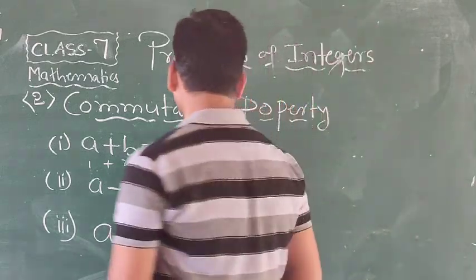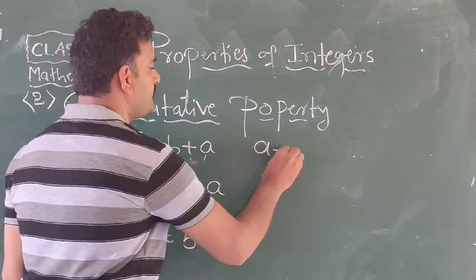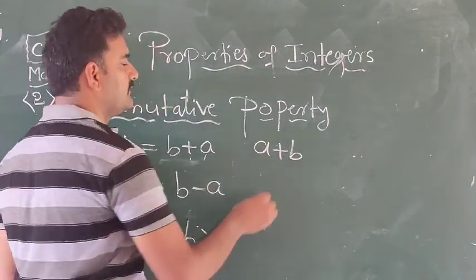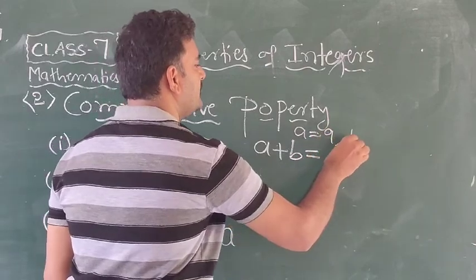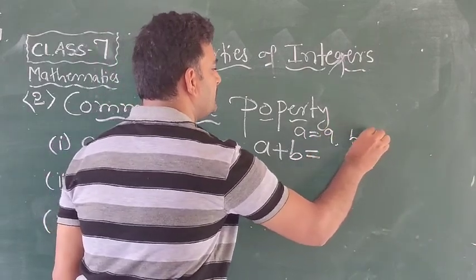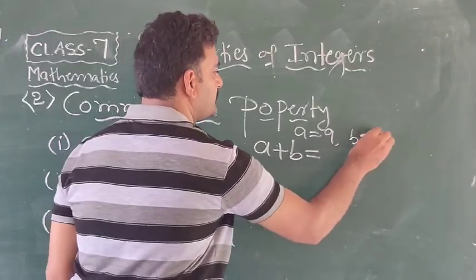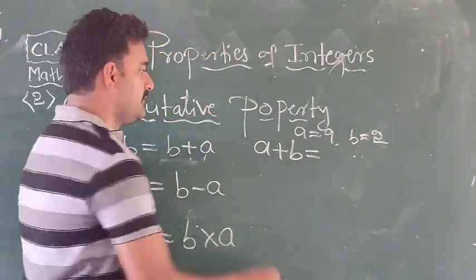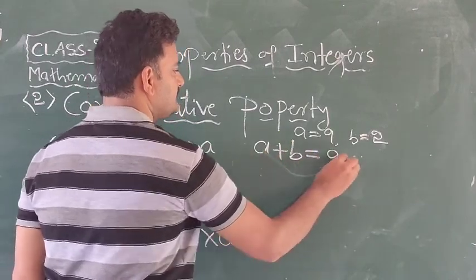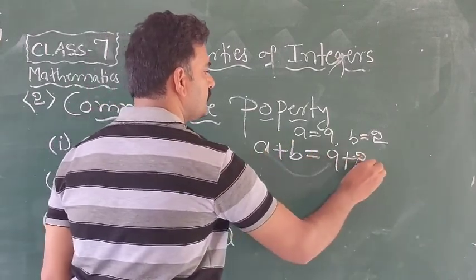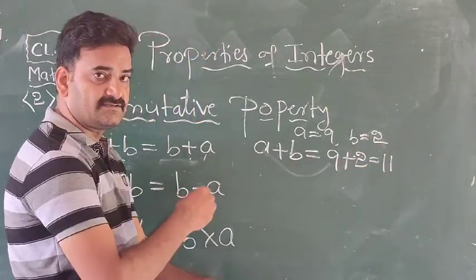We will take one more example. Let us say A plus B, where I am taking A as 9 and B as 2. Now A means 9 plus B means 2. So I am getting 11. Now reverse it.